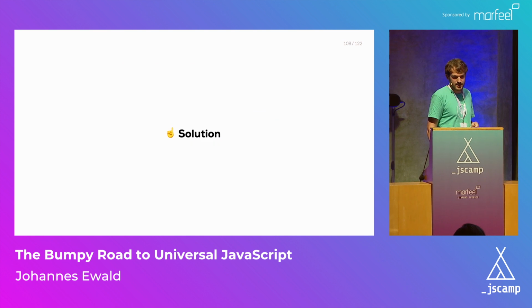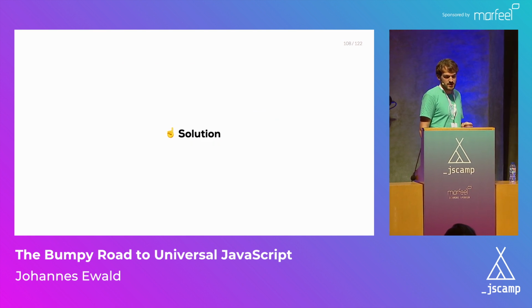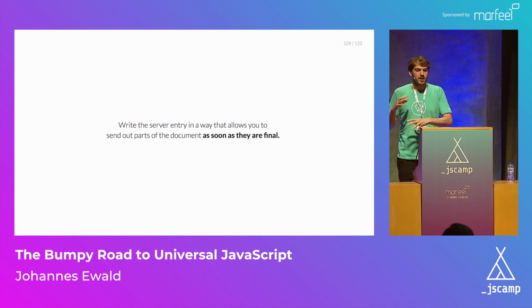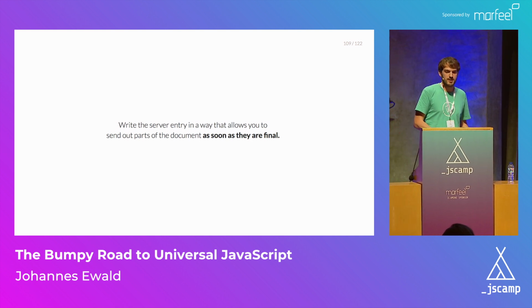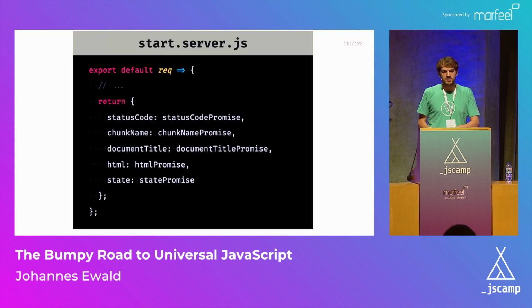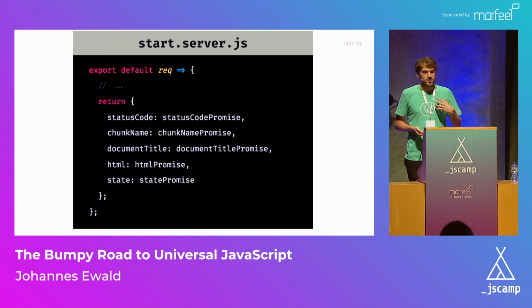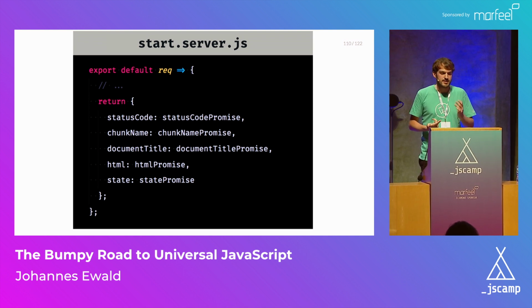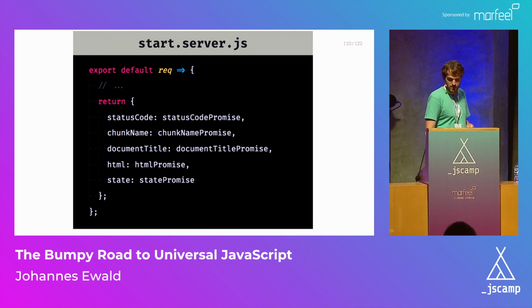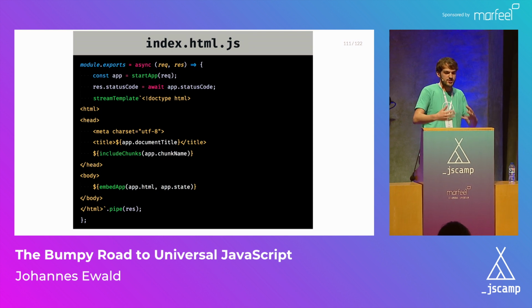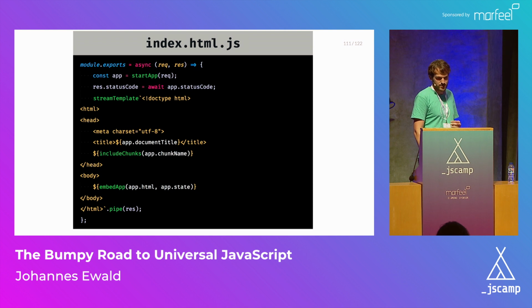And I think the easiest solution right now is we need to write the server entry in a way that we can send out parts of the document as soon as they are final. So if we change our start server.js into an object that, for instance, exports the status code with a promise, then the document title, the HTML, and the state, we can send out chunks in the index HTML as soon as they are ready.